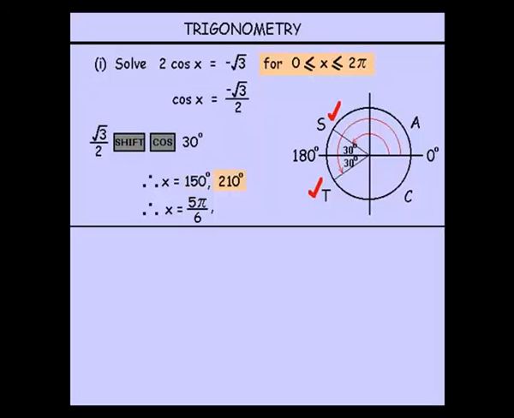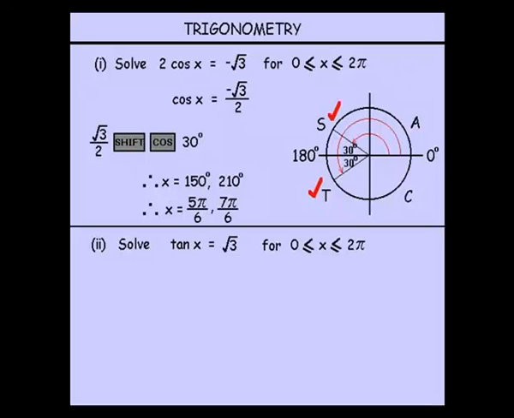And the 210, we'll put the 210 over 180 to get the fraction of pi, and we'd end up getting 7 pi over 6. So we can see that solving that trig equation is exactly the same as the method we've learnt using degrees, except that the final step needs to convert our degree answers to radians.